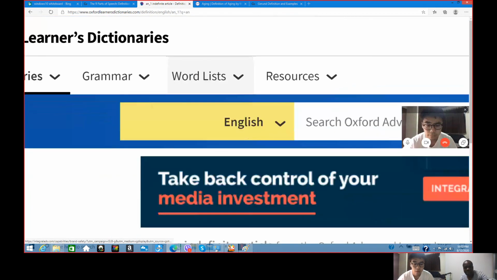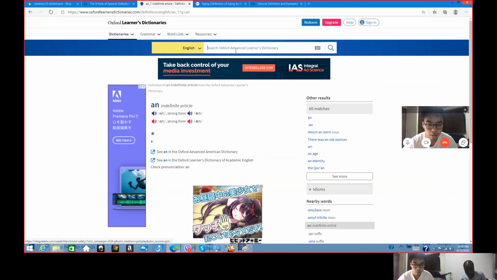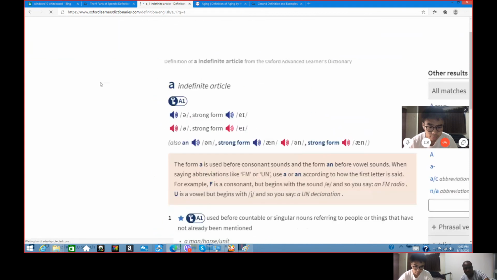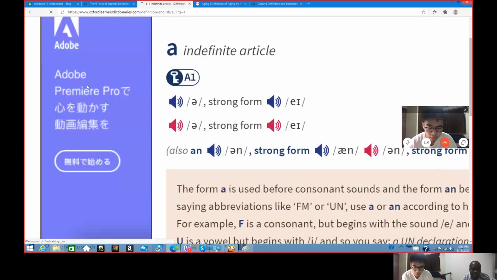Last we have the last two. Let's finish them before we go. Indefinite article a. So it has two pronunciations.